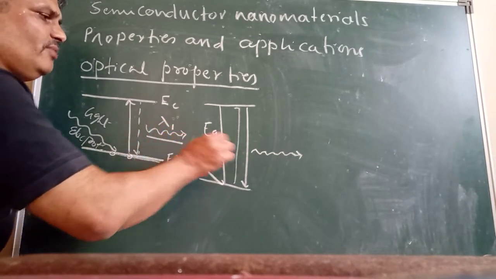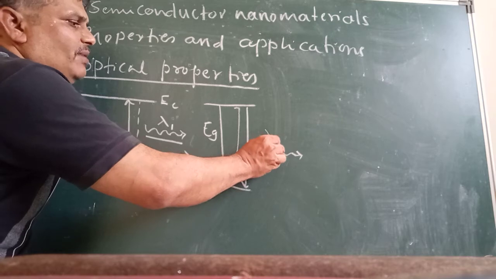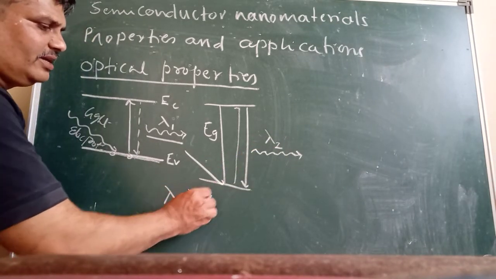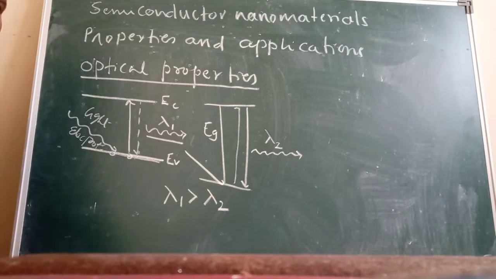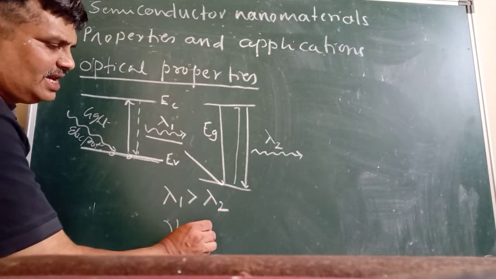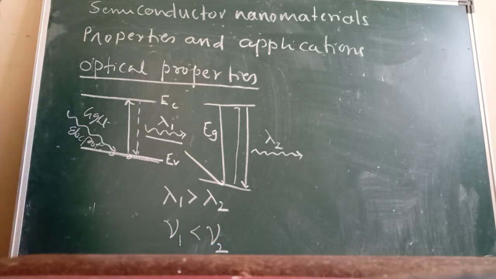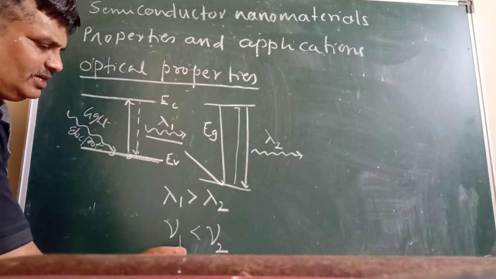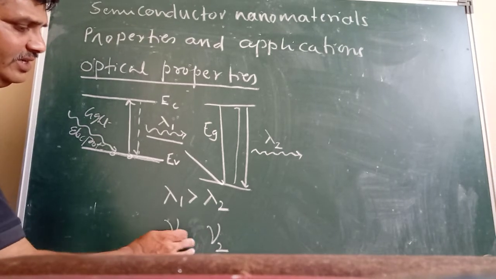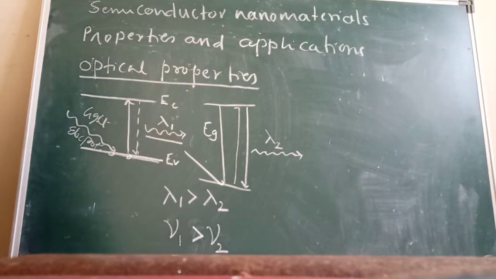So if lambda 1 is the wavelength here and lambda 2 is the wavelength here, and lambda 1 is greater than lambda 2, in terms of frequency nu 1 is less than nu 2. So in terms of energy, nu 2 is greater than nu 1.